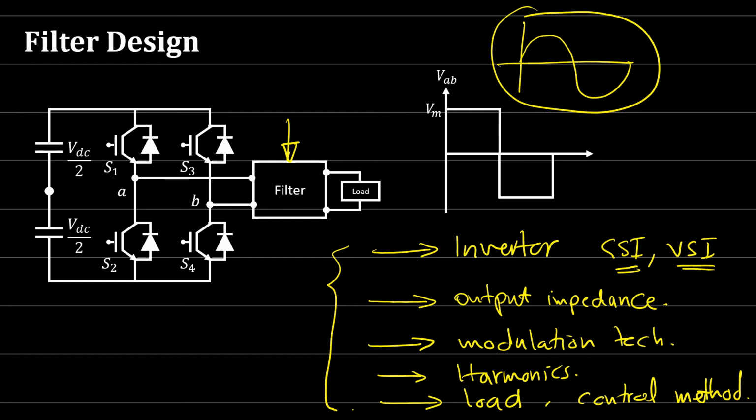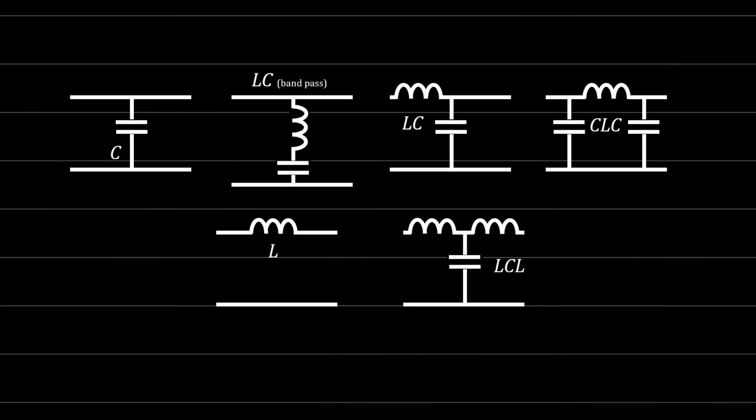Now we removed the third, fifth, or seventh harmonics. Now we can use a wide range of filters, such as the C filter. Okay, just a capacitor. This capacitor is very simple, but it draws more reactive power. So here we have some advantages and disadvantages. If you try to use an LC filter, like this tuned LC filter, this is a band pass filter.